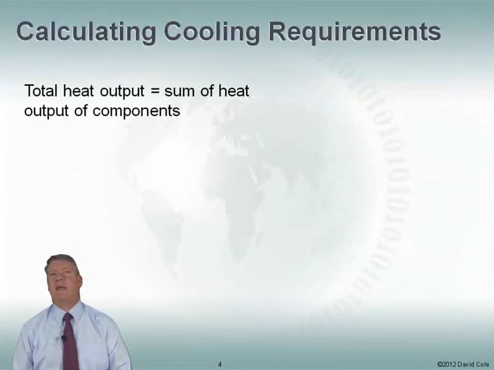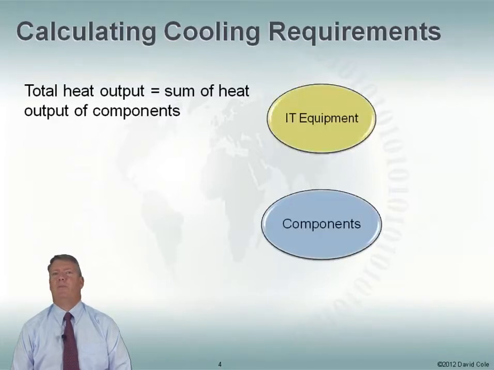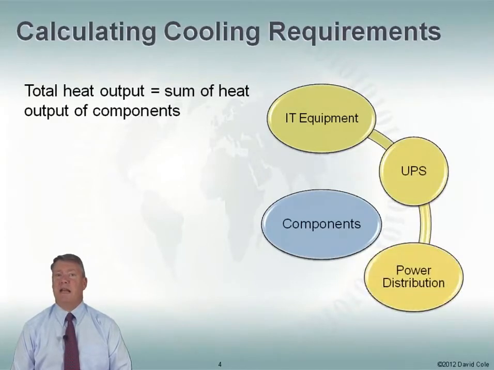So let's talk about how we calculate the cooling requirements. It's important to know a couple things, pretty basic stuff. The total heat output in my data center is the sum of the heat output of all my components. So what are my components? I've got my IT equipment, right? So my servers and my network gear and so on. My UPS is going to generate some heat.